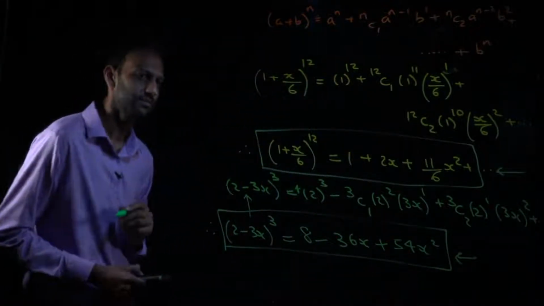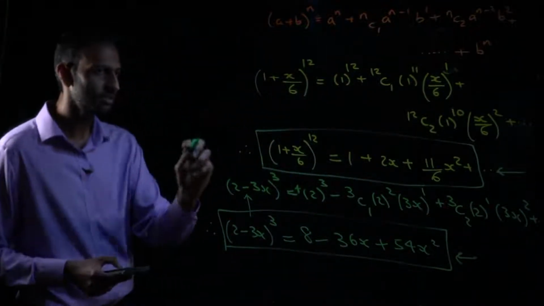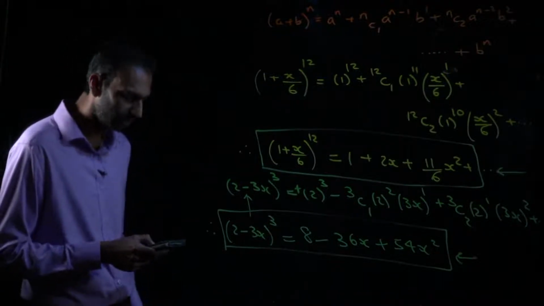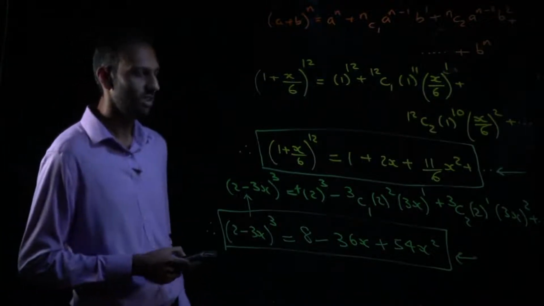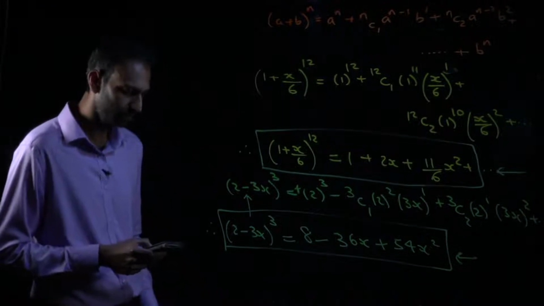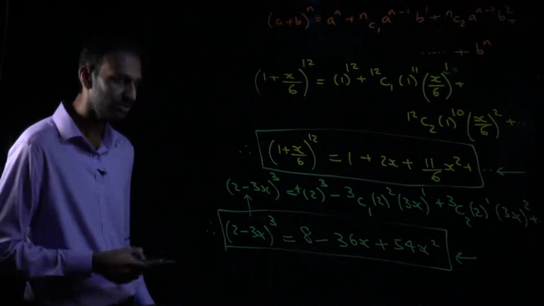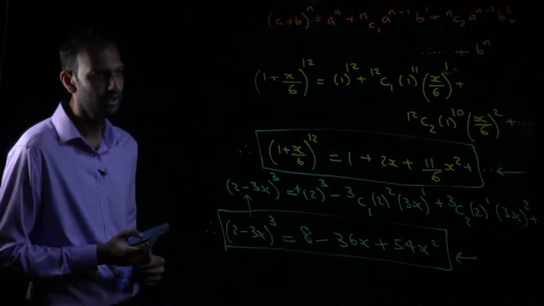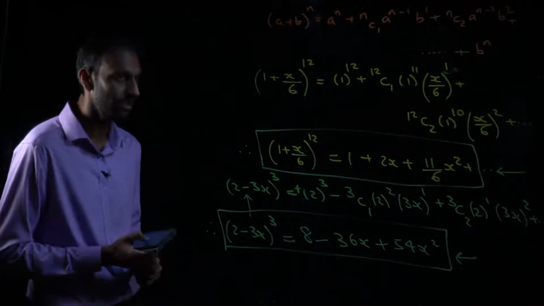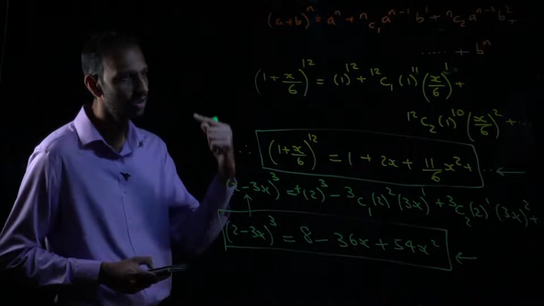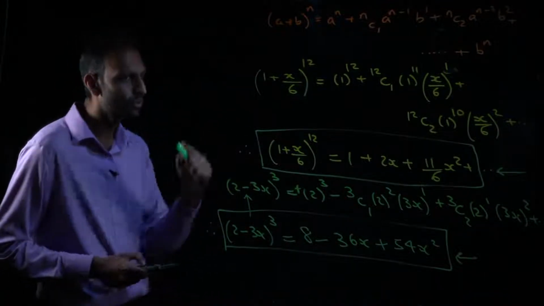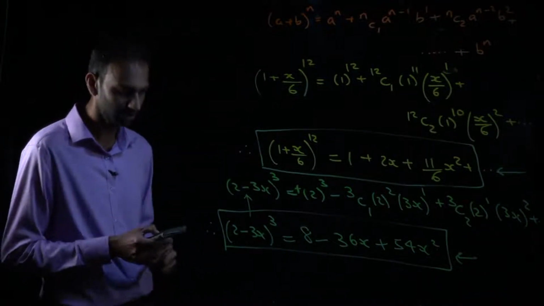Right, take a look. 1 plus x over 6 to the power of 12 is 1 plus 2x plus 11 over 6 x squared. 2 minus 3x to the cube is 8 minus 36x plus 54x squared. That's the first part of the problem. Remember, we shall now deal with the product of these binomial expansions.